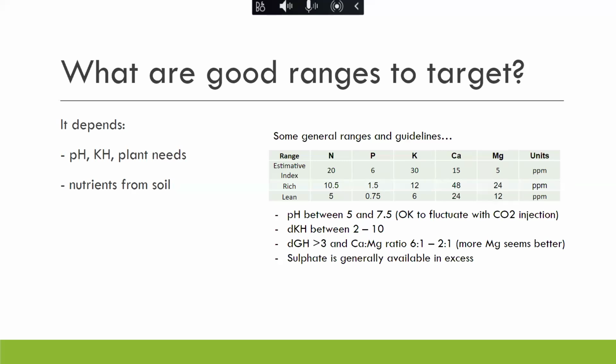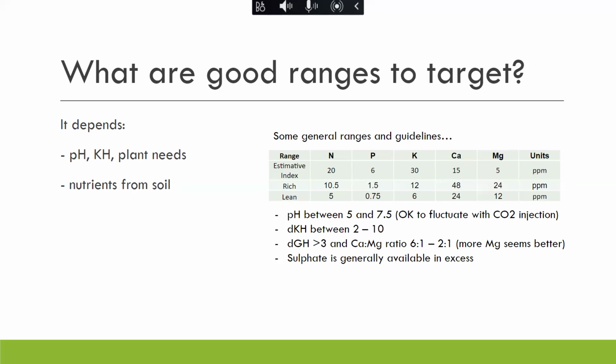A rich level of fertilization would be about 10, 1, 12, with calcium and magnesium, and then lean is more like 5, 0.75, 6.